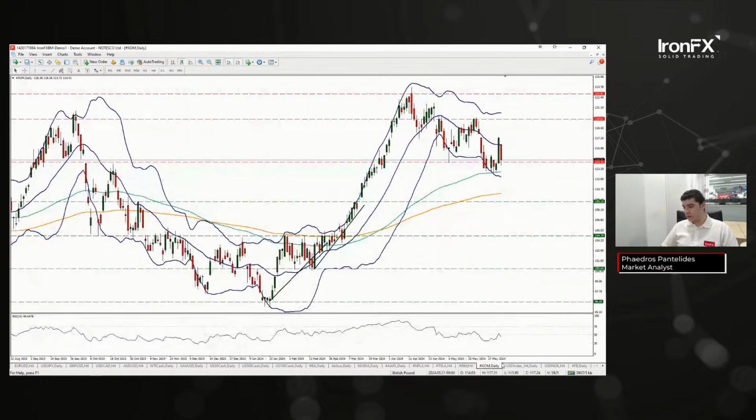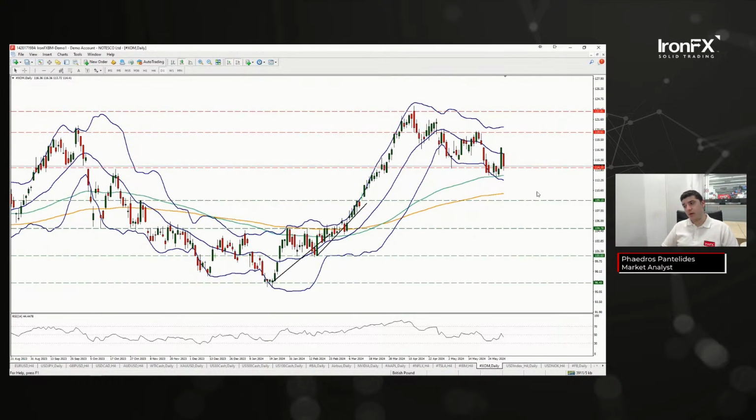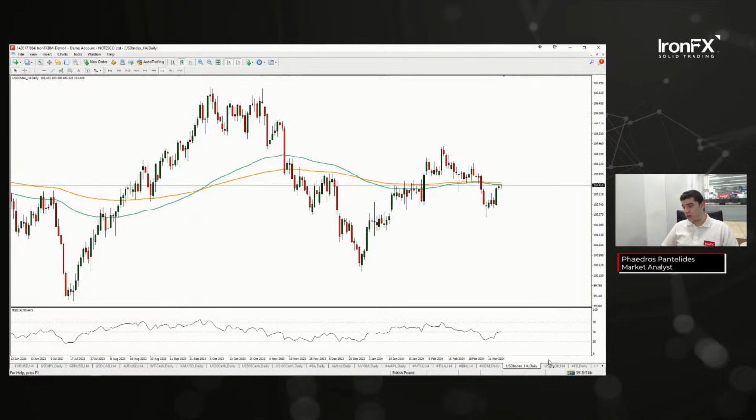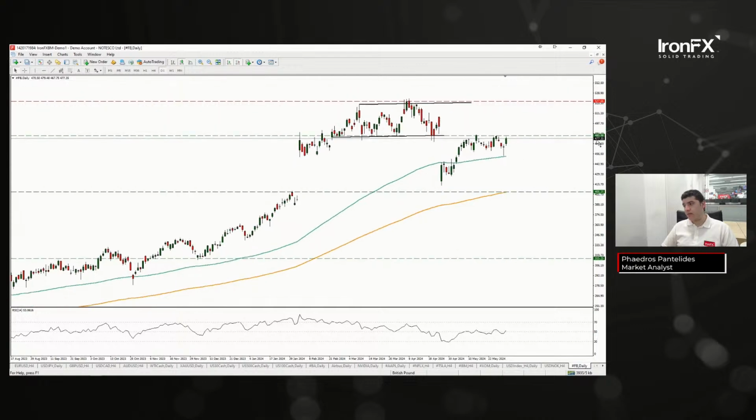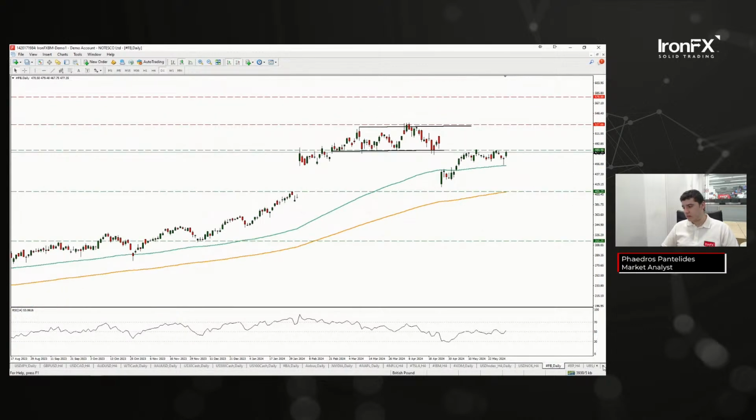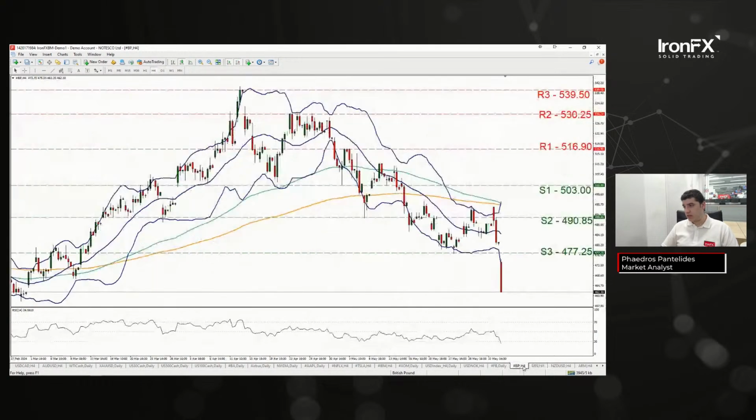So Mobile bouncing off R1. It's nice, could be support. US dollar index, Norwegian krona, Facebook finding resistance at 490.98. UBS.